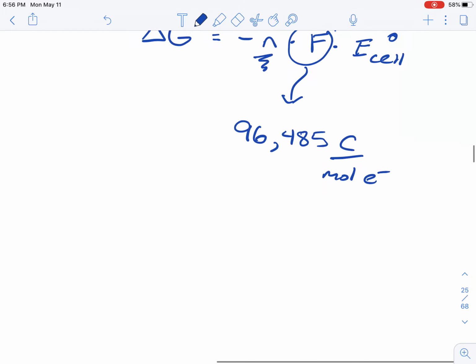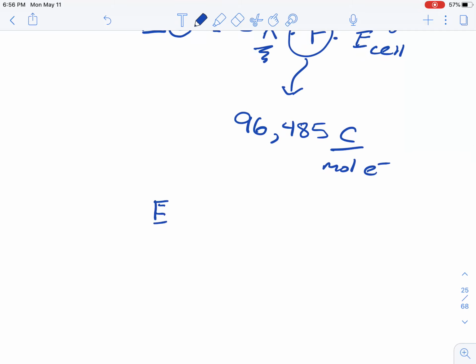We know that the standard cell potential can be calculated by taking the standard reduction potential minus the standard oxidation potential.